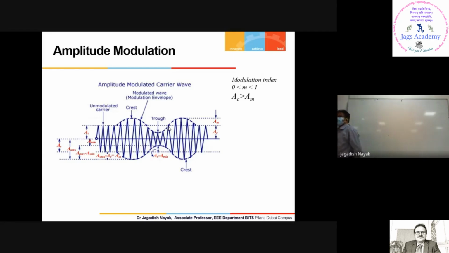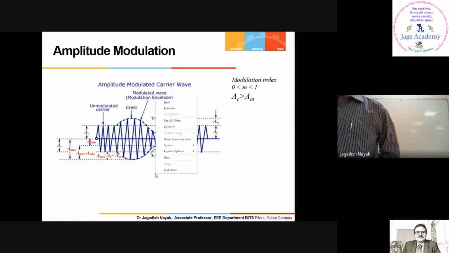Amplitude modulation, conventional amplitude modulation. I told you that this distance is 2V minimum, and this distance is 2V max.